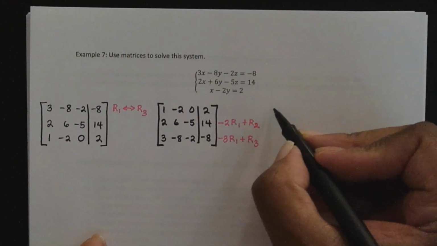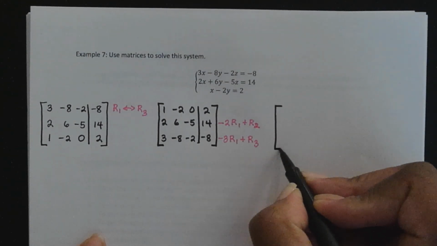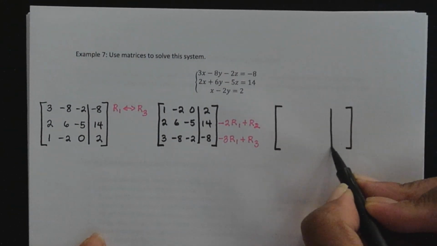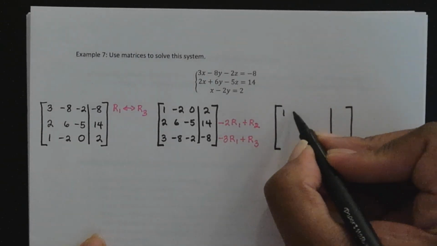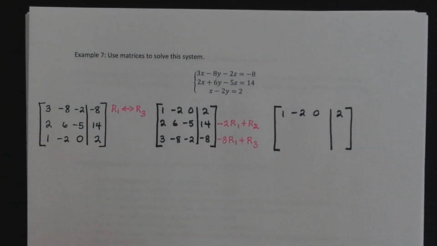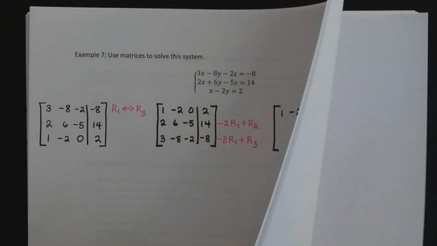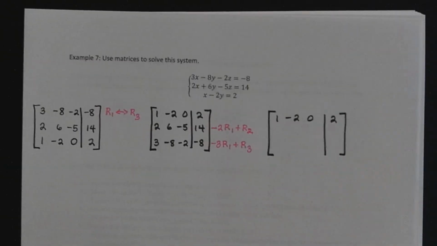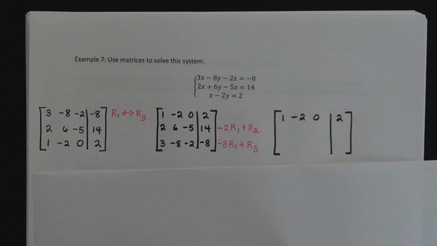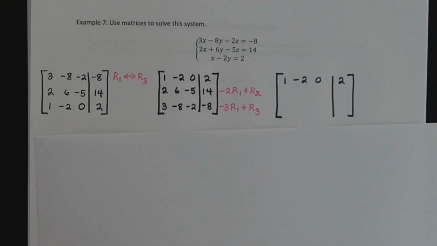So when I do that, row 1 remains the same. Now here's what row 2 is going to look like, and I'm going to get another sheet of paper and scratch work so that way you'll see what I'm doing here.